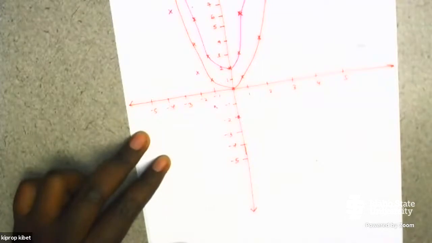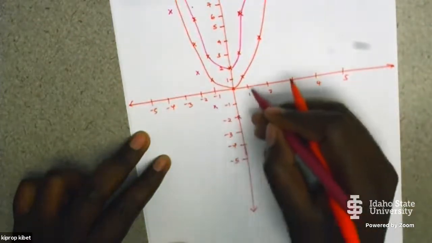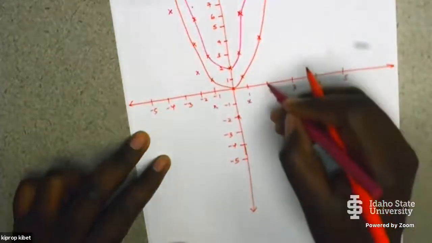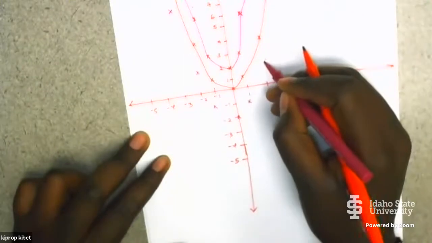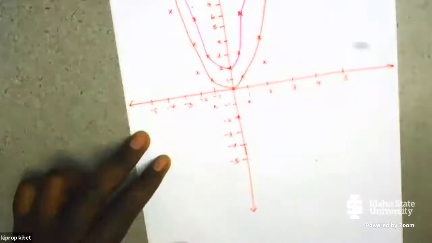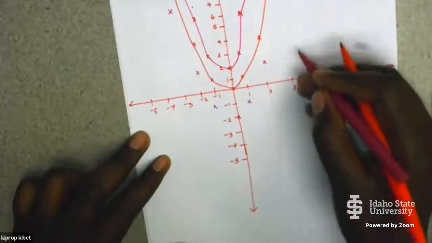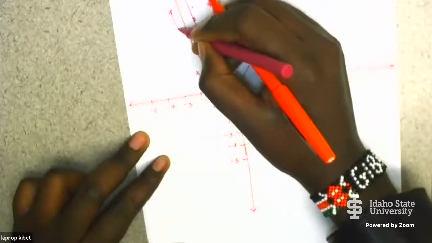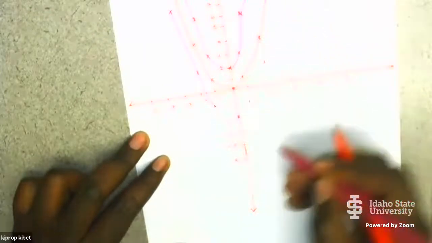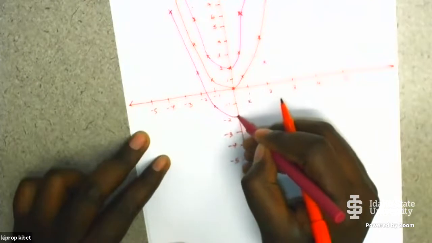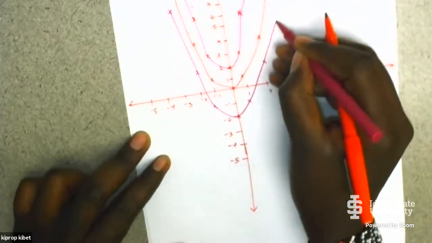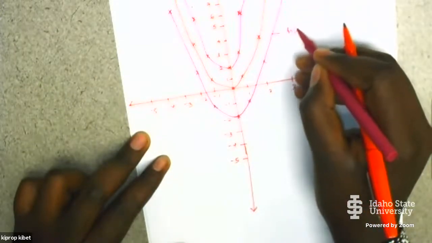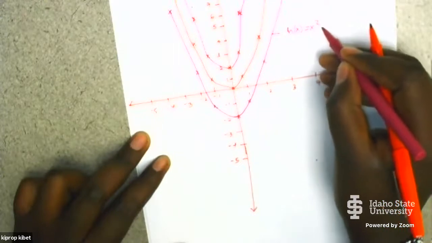Then we have 1 and -1. 1 and -1 is here. And then we have 2 and 2. 2 and 2 is here. And then finally we have 3 and 7. 3 and 7 somewhere. So when we plot this, then it comes. So this is now h of x equals x squared minus 2.